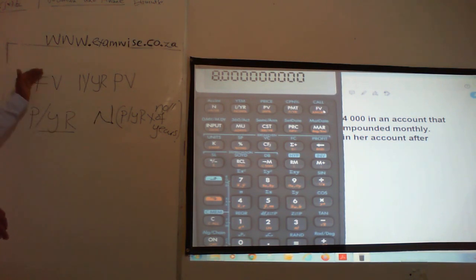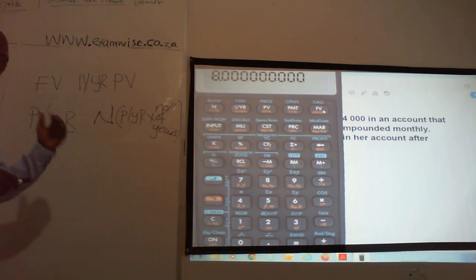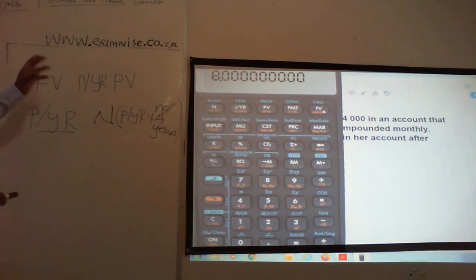You might be required to calculate future value, you might be required to calculate I over YR, present value, P over YR, or you might be required to calculate N. As I emphasized from the beginning, to calculate the missing variable, for example in question number 3, our missing variable is future value.